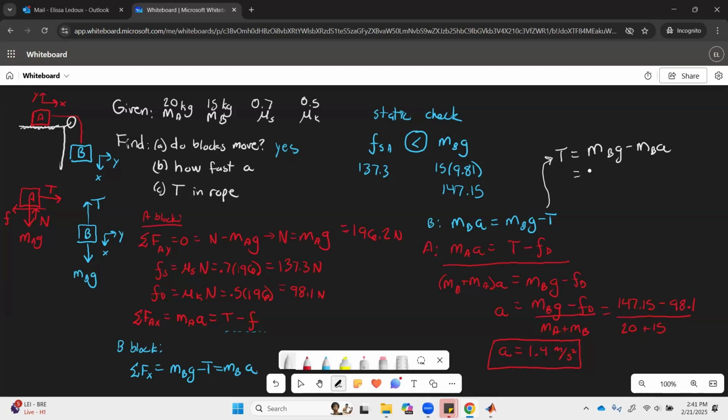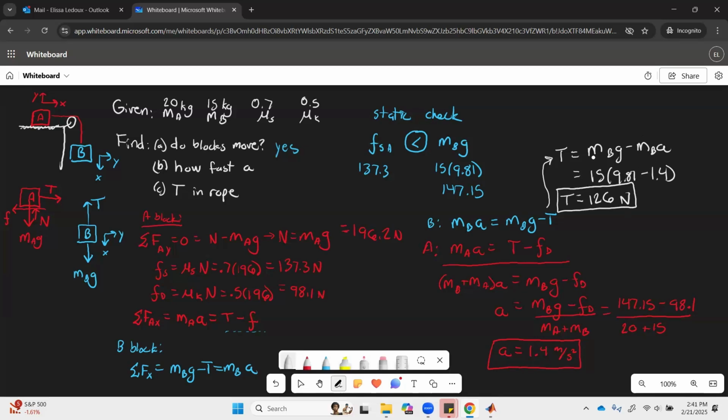And so this is going to be the mass of B, 15, times g, which is 9.81, minus a, which we just got, is 1.4. And so T equals 126 newtons.